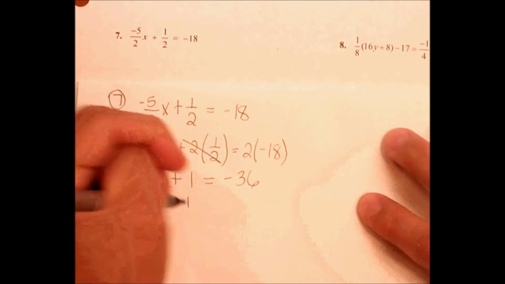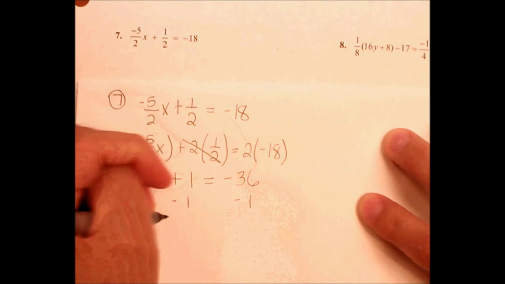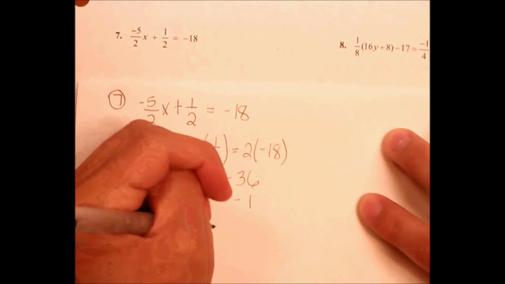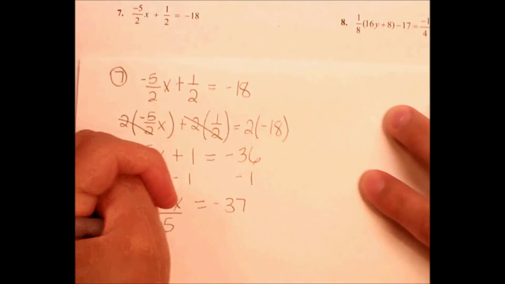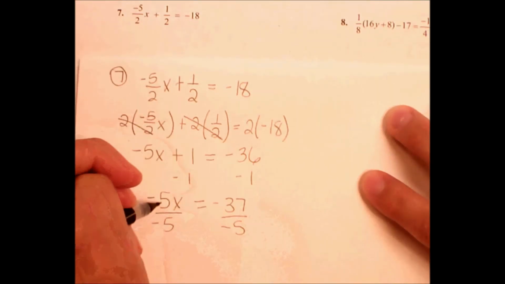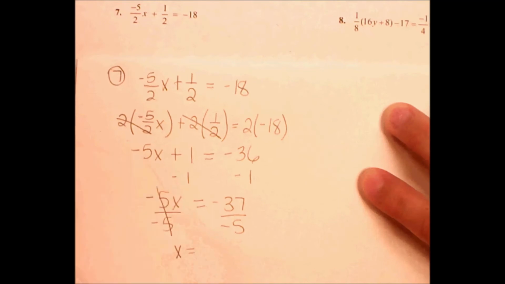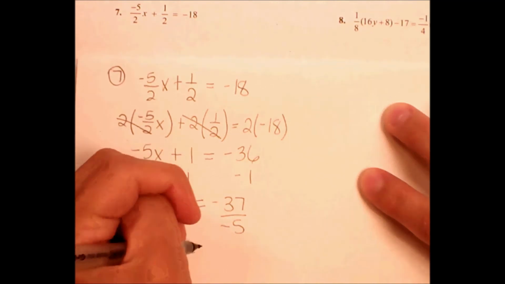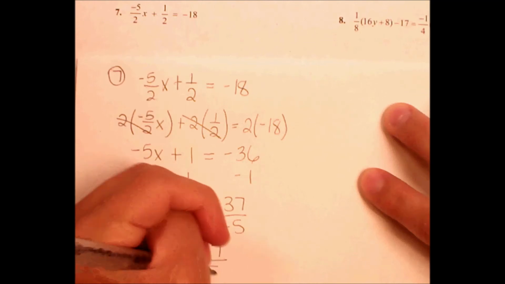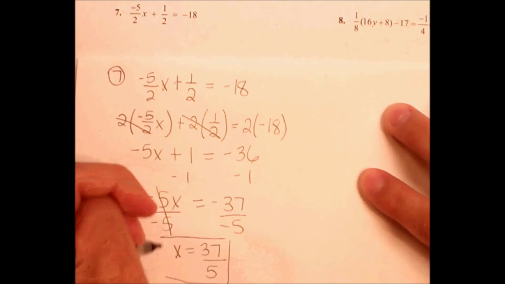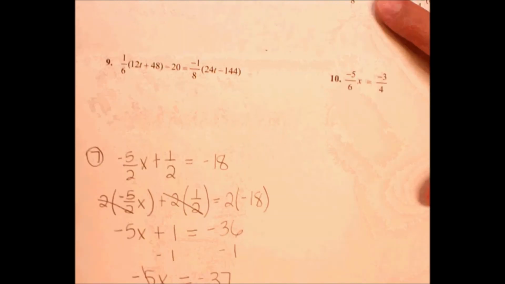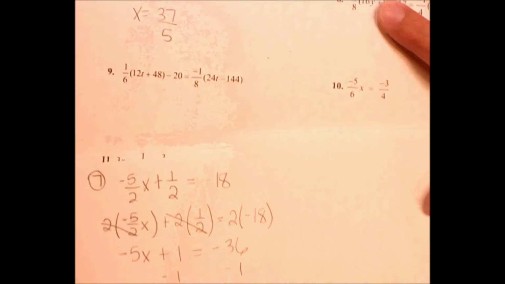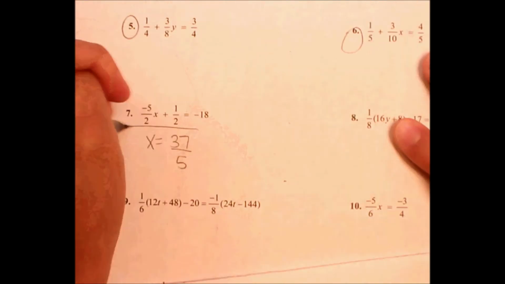So subtract 1, subtract 1. Negative 5x equals negative 37. Divide by negative 5, divide by negative 5. x equals positive 37 over 5. And then I put that on number 7.